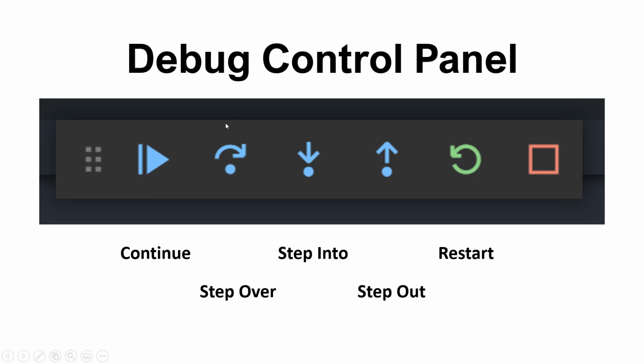We can also step over the line we are at and go to the next, and then we can step into if, let's say, we're calling a function and we want to go into that function to see what happens in there. If we are inside of a function and we just want to go out again to an upper level, then we can hit step out, and restart and stop. So those are the basic commands that are available in many debugging tools across programming languages.